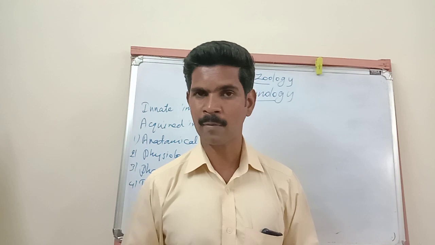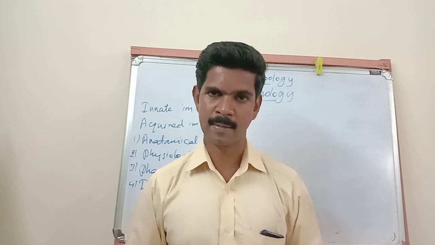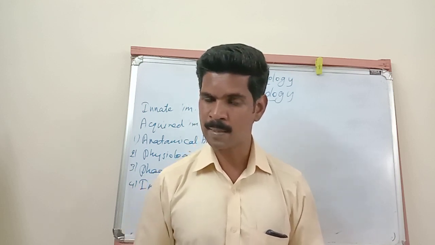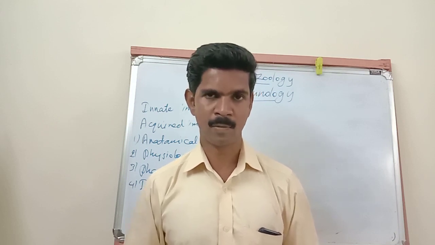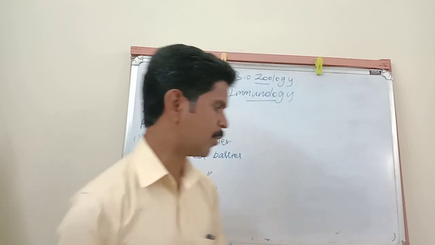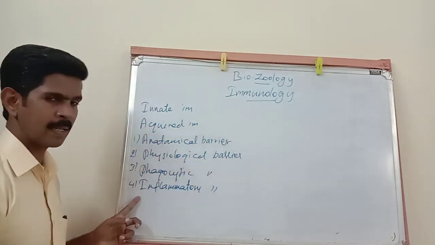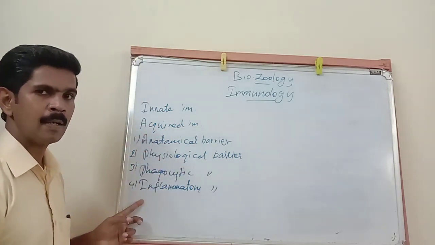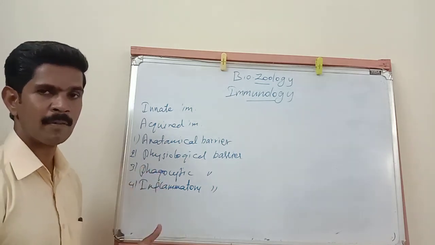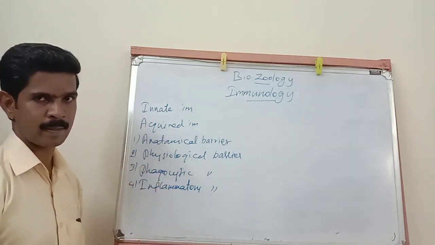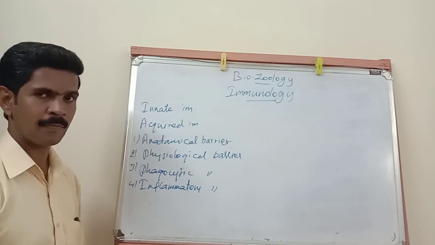Thus they protect our body from diseases. Okay, so this phenomenon is called inflammation. By using all these four barriers, our immune system protects our body from diseases. Understand?